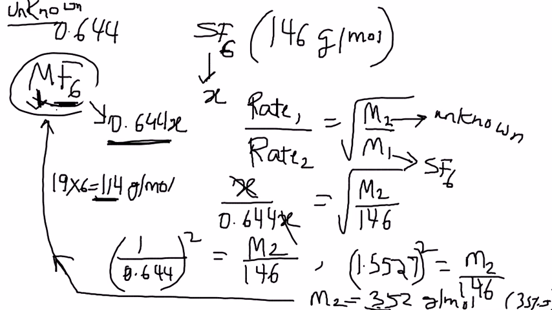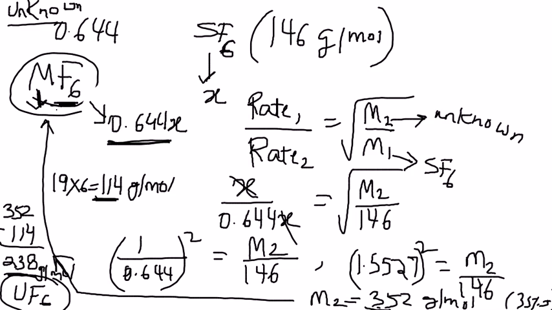So let's give that a shot. 352 minus 114 gives me 238 grams per mole. And if I read on the periodic table for the masses, 238 is clearly giving me uranium. So that means UF6 is one possible answer for this particular question.